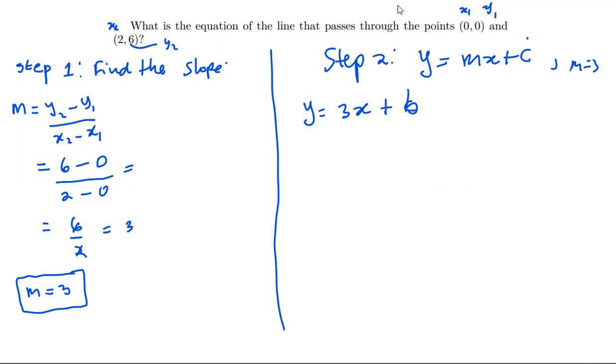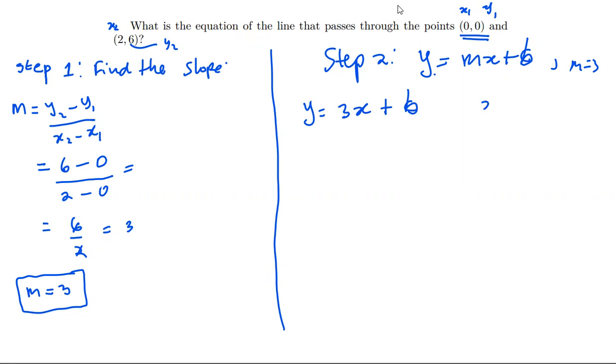You can use a b. It's all up to you, honestly. I like c, but you can use a b. And we just need to pick a point. And if you're lazy like me, to find the value of b, you would pick this point because it just makes it easier, but you can pick either point.